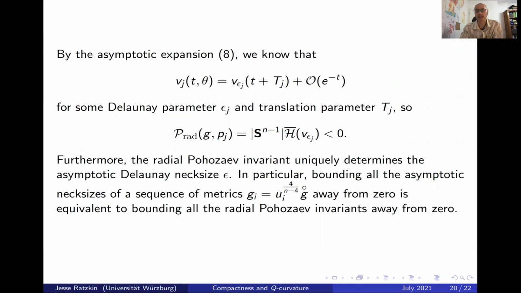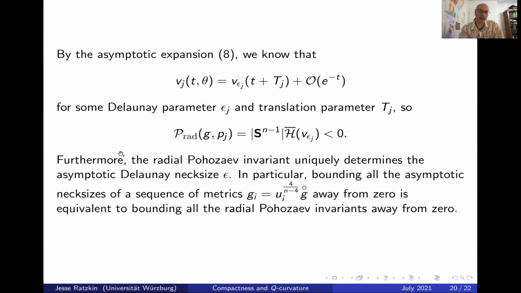And this tells me then that the radial Pohozaev invariant of my metric g at the point p_j is equal to the Hamiltonian energy of v_epsilon_j times the volume of an (n-1)-sphere. In particular, each of these radial Pohozaev invariants must be negative.